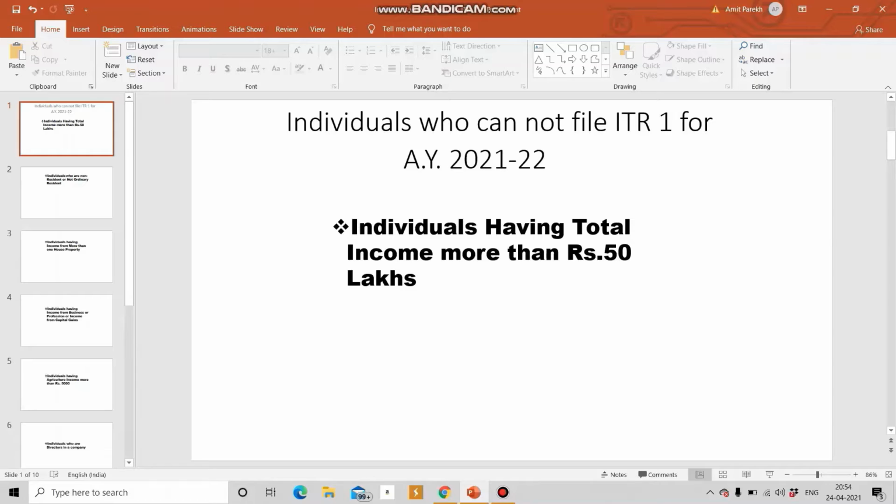After that, all the taxable income is added and then we reduce the deductions, that is investments made by the deductee which are permissible under section 80C, 80D, etc. Once we reduce the deductions from the gross total income, we get the total income of the individual. If that total income is more than 50 lakh rupees, then the person cannot file ITR1; he has to file ITR2 or ITR3.